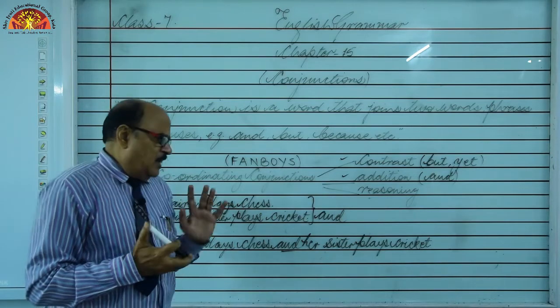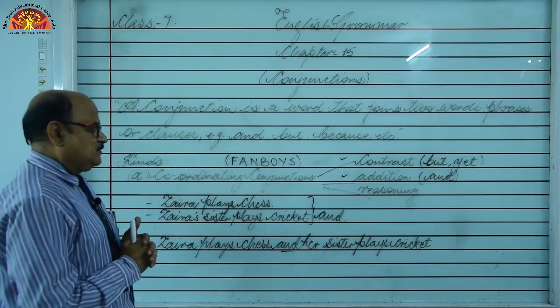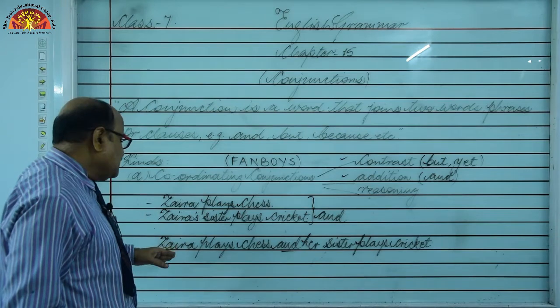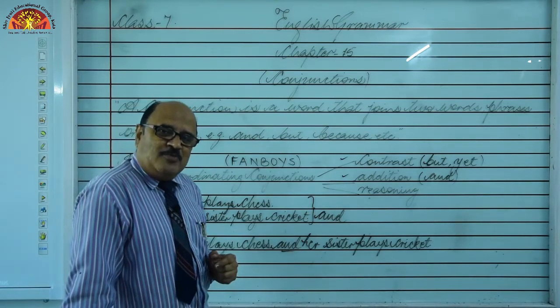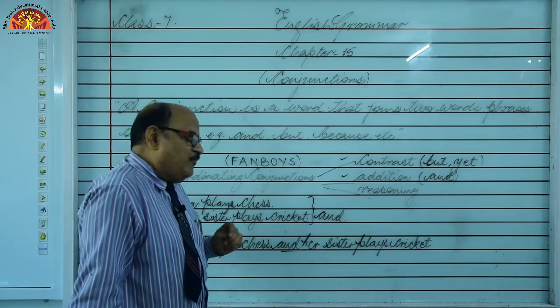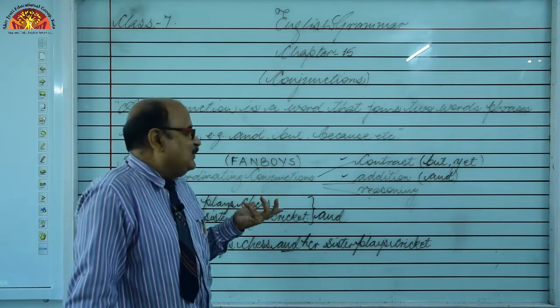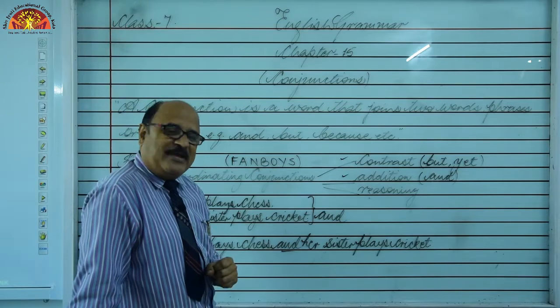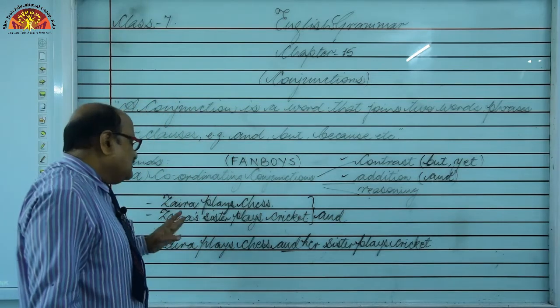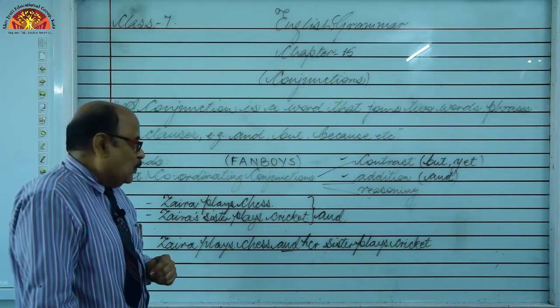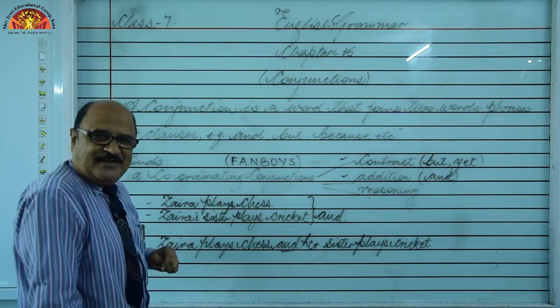Have you got it? Students, don't get confused. I know you must be thinking, sir, can't we use this conjunction, because Zaira plays chess and her sister plays cricket? So, contrast is also there.